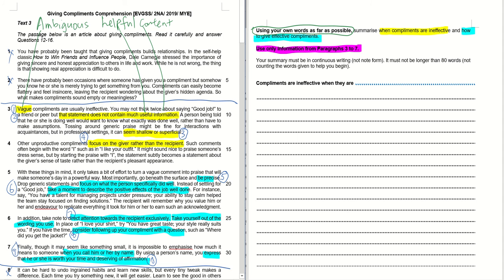Shallow is like, let me think. Shallow is fake. Okay, superficial can be insincere.